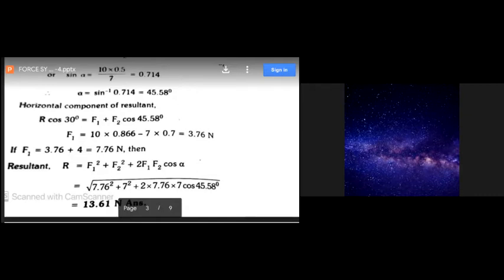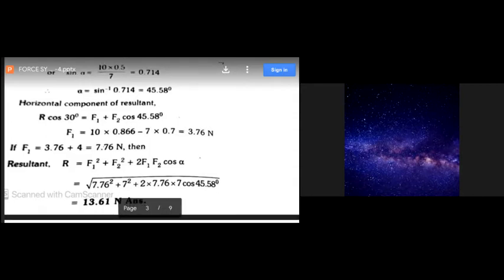And in the next case, case 2, you have to increase the F1 value by 4. That is, you have to add 4 newtons to the calculated F1 value. So F1 equals 3.76 plus 4, so we'll get 7.76. F2 is constant, the same value 7. We have to find the resultant. So resultant R is equal to the square root of F1 square plus F2 square plus 2 F1 F2 cos alpha.